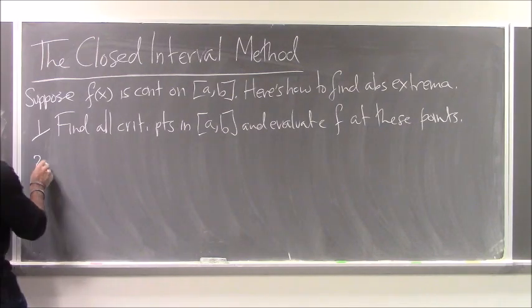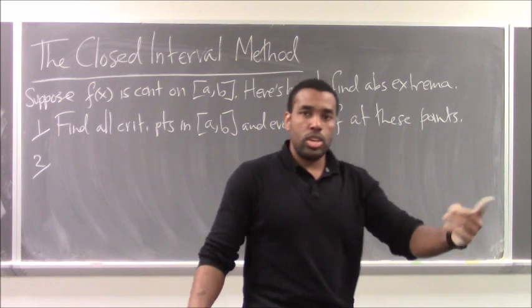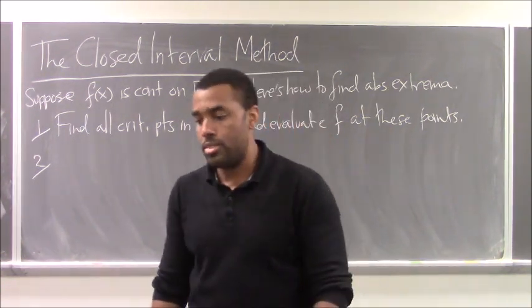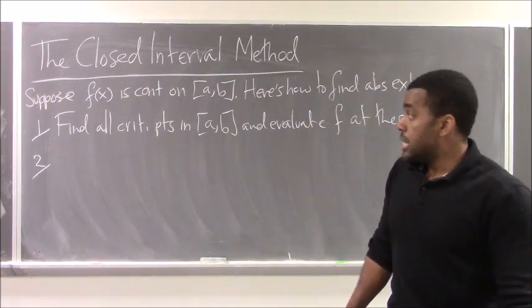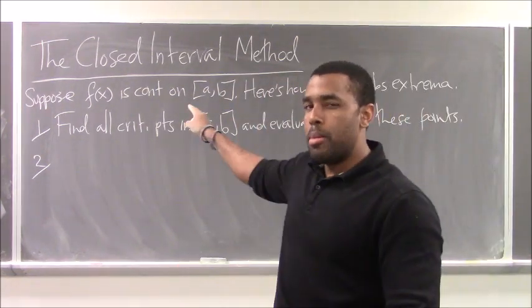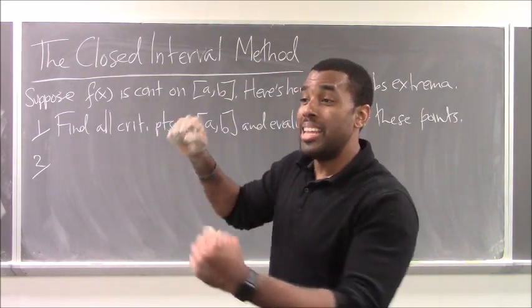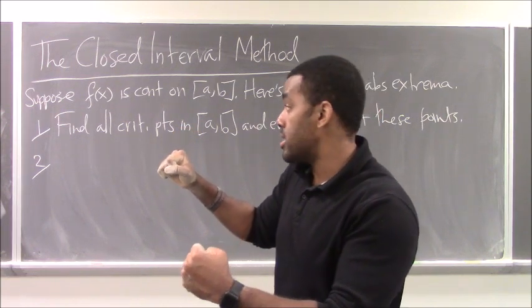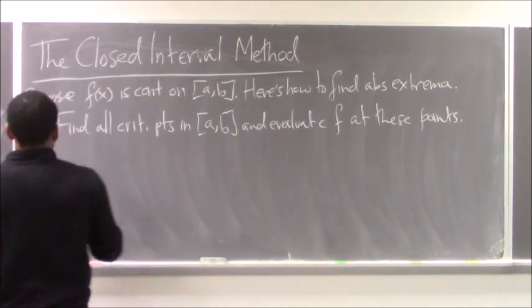Two. What this step does is examine all the critical points, the kind of guys that would be picked up by the first or second derivative test. You're going to figure out their y values here. Now, the example that I gave you earlier with the straight line, notice that the absolute max or min might occur at the endpoints, and your first derivative test cannot identify those guys. So the next step you're going to do is to actually check the endpoints.